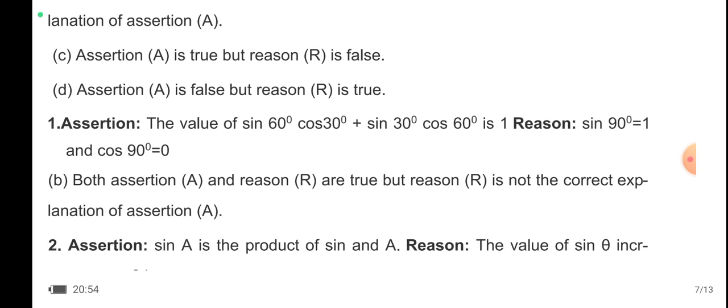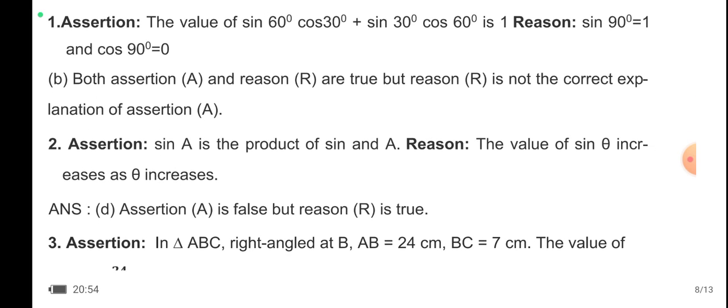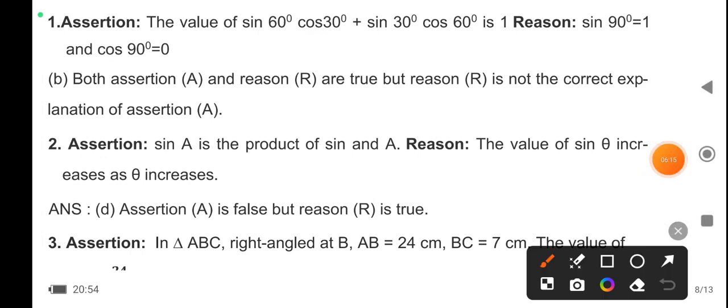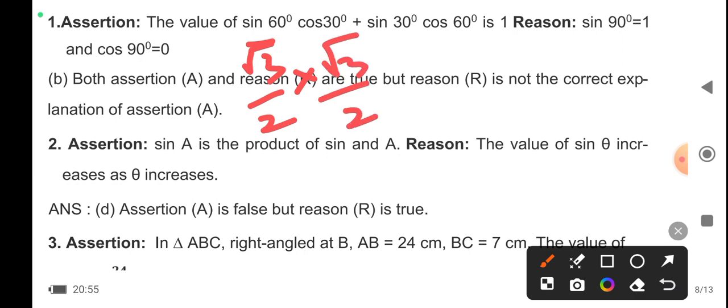Then chapter 8, applications of trigonometry. They have given sin 60 value root 3 by 2, cos 30 value again root 3 by 2, sin 30 is 1 by 2, cos 60 is 1 by 2.